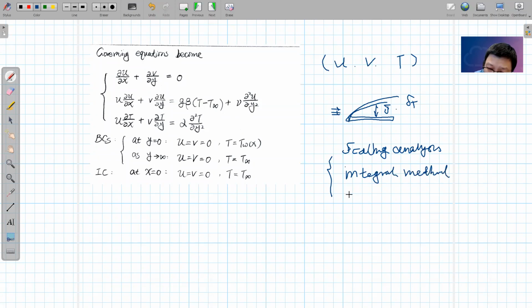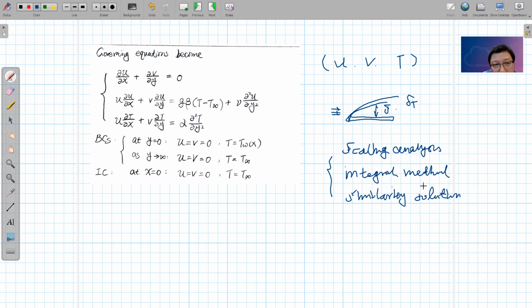We also did the similarity solution, right? Similarity solution. Sorry, this pen is not really working well actually, so it's not writing well. I don't know why actually.